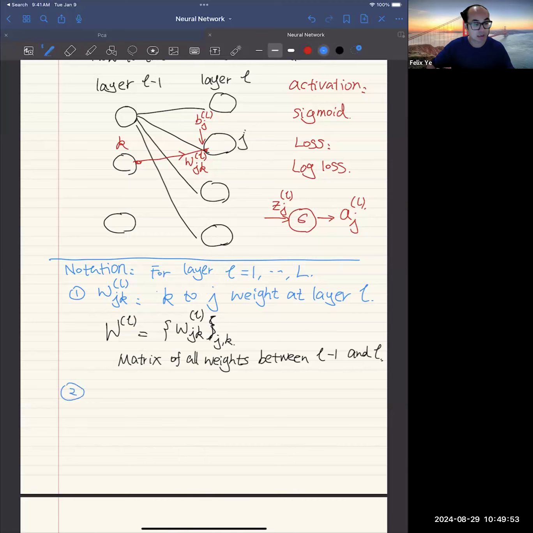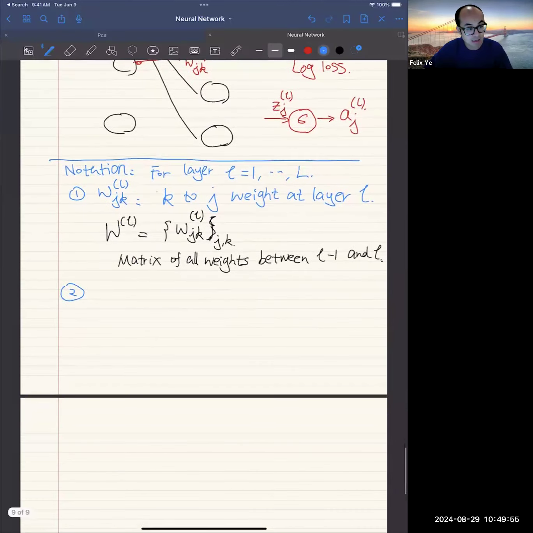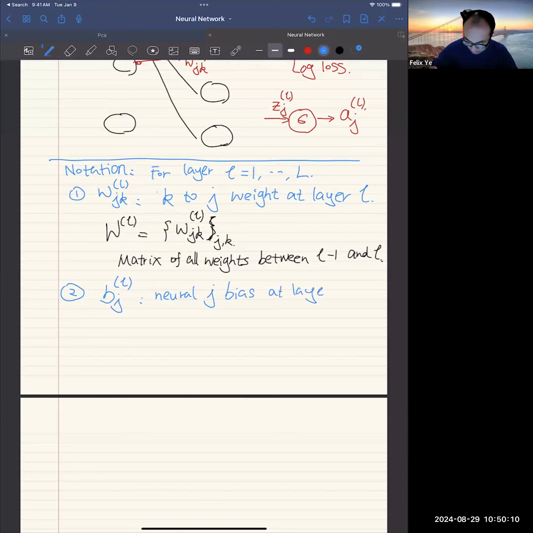This is the weight. Then we have the bias, right? So the bias is BJ of L: neuron J's bias at layer L. Same thing, and then we can vectorize it again.